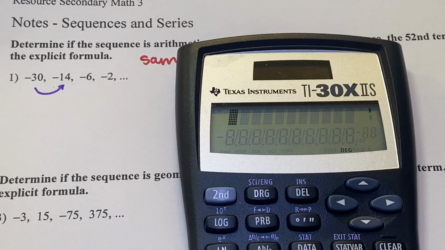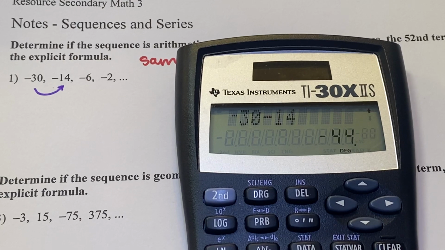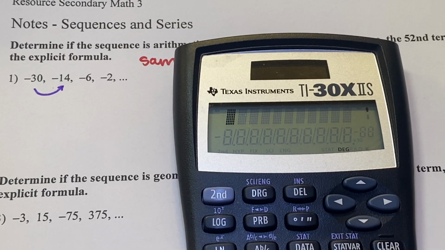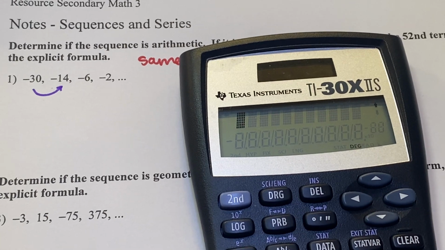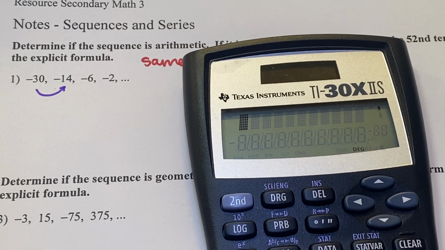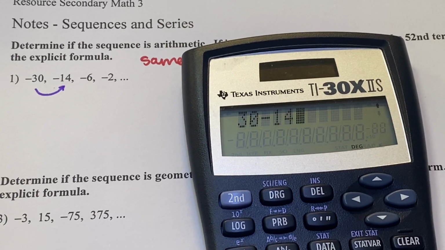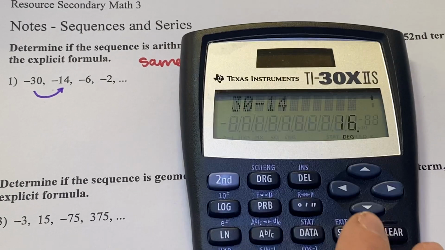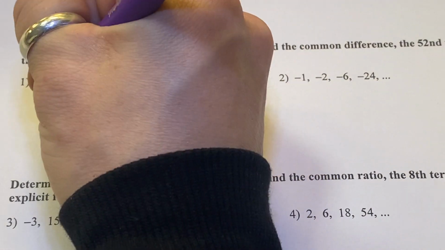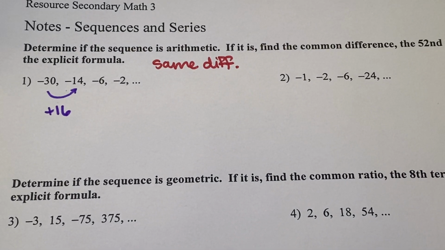To go from negative 30 to negative 14, I would have to add 16.